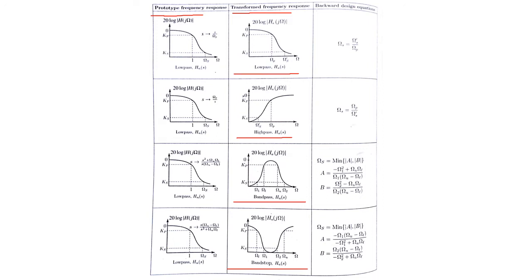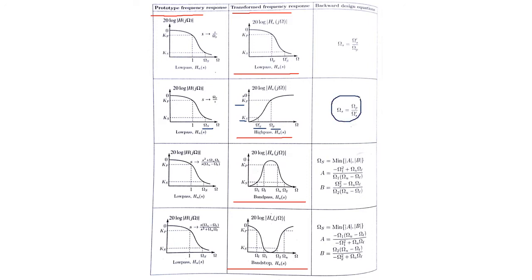When we are designing high pass filter, we know the stop band cutoff frequency omega s dash, pass band frequency omega p and kp value and ks value. With the help of these values, the first thing is we have to find stop band frequency of normalized low pass filter with the help of this formula.